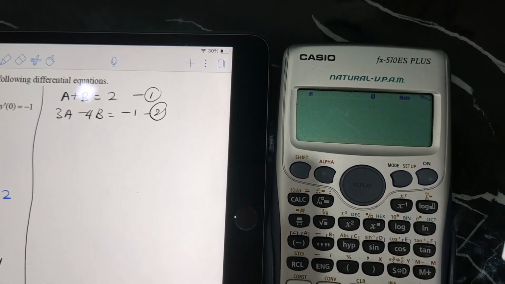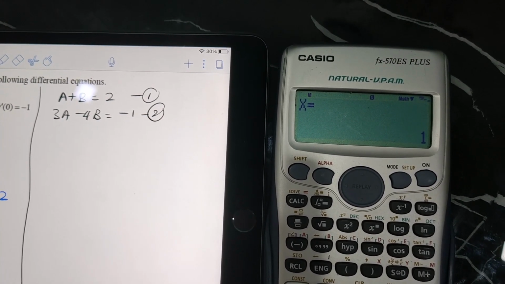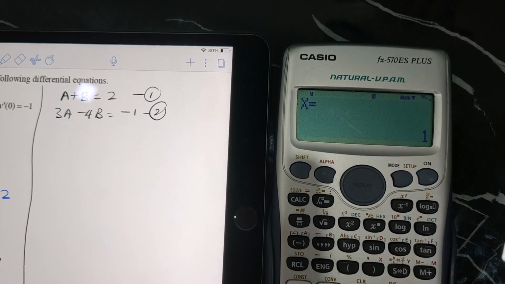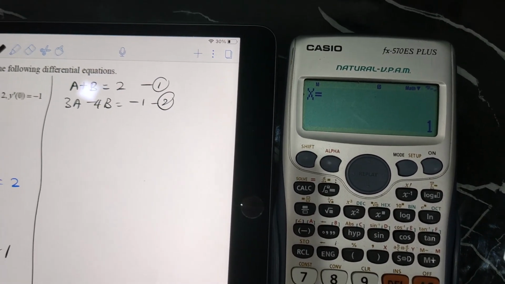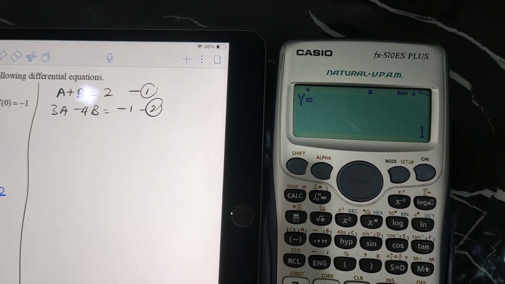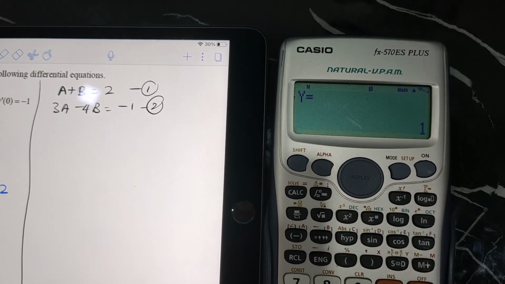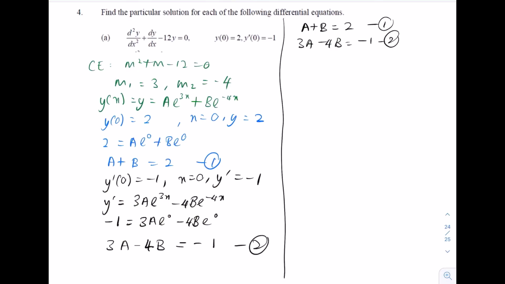So x represents the first unknown, which is a, equals 1, and y, which is b, equals 1 also. The a equals 1, the b equals 1.